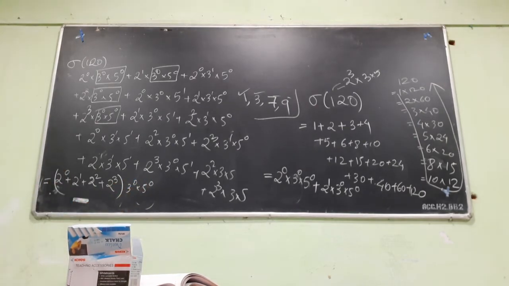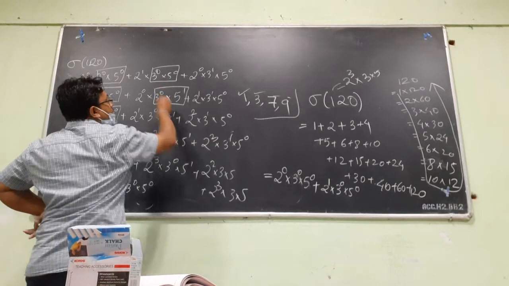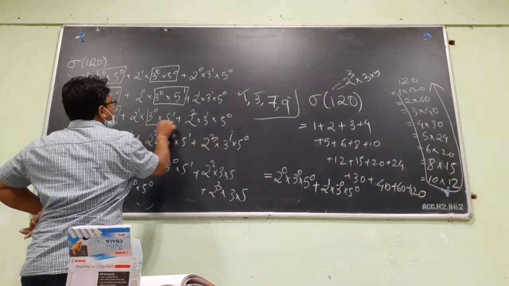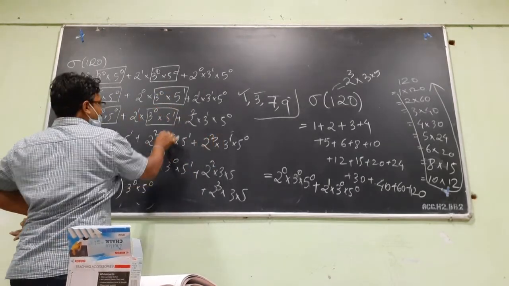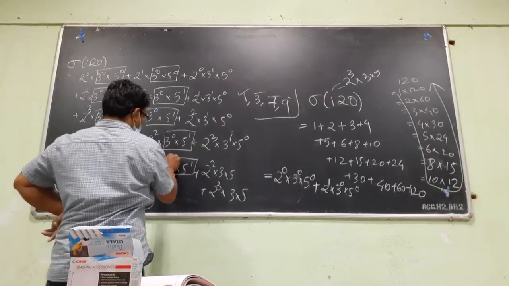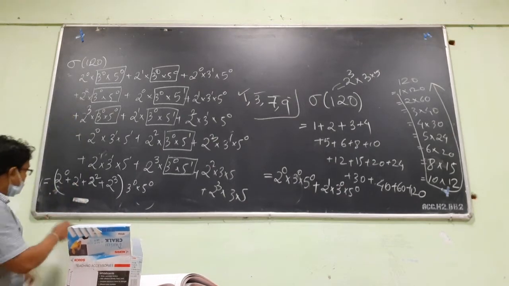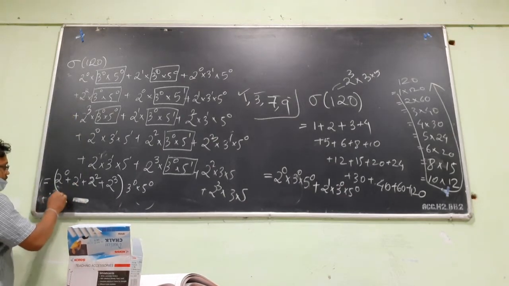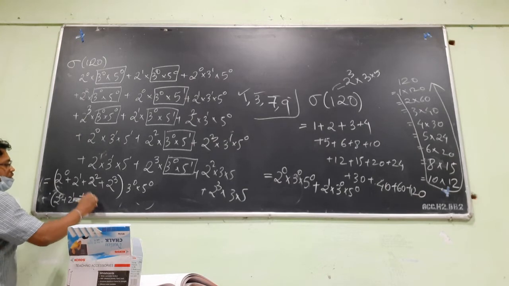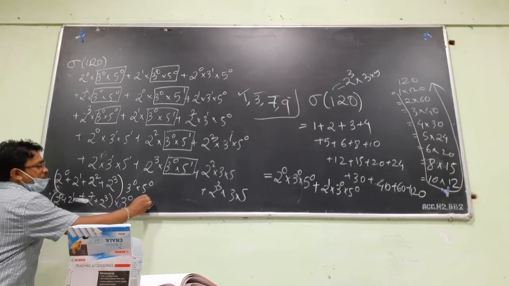Got it? Then try to combine, say, 3 to the power 0 into 5 to the power 1, this type of terms. If you combine all this, again you will get 2 to the power 0, 2 to the power 1, 2 to the power 2, 2 to the power 3 multiplied with 3 to the power 0, 5 to the power 1.